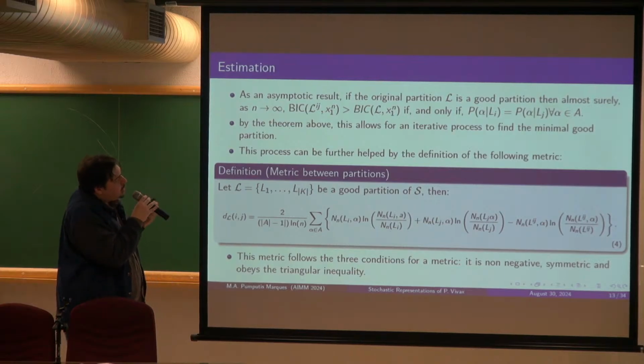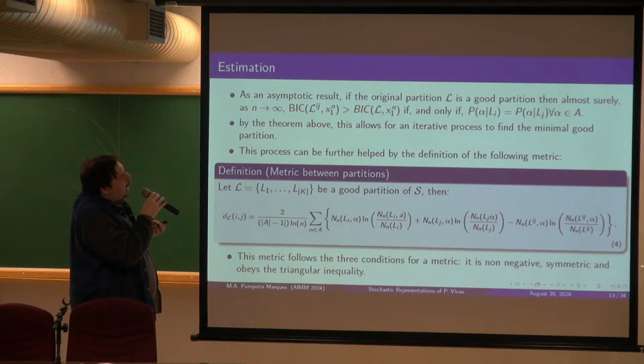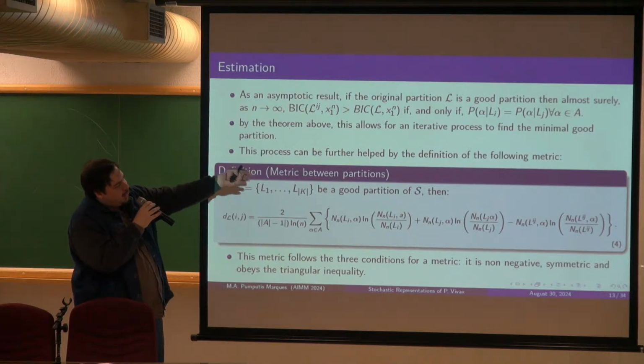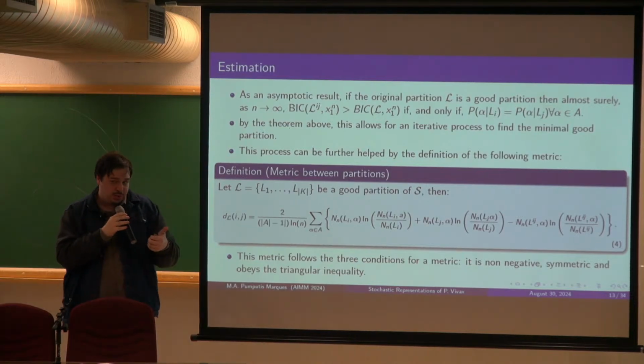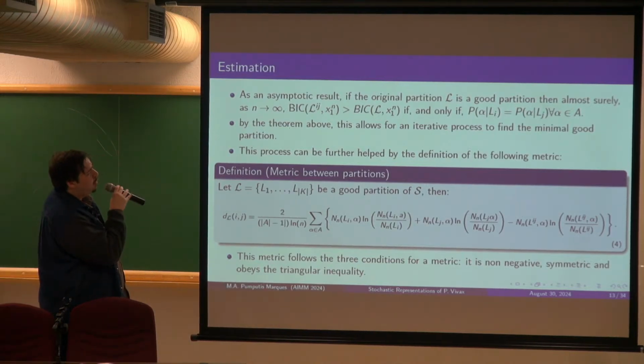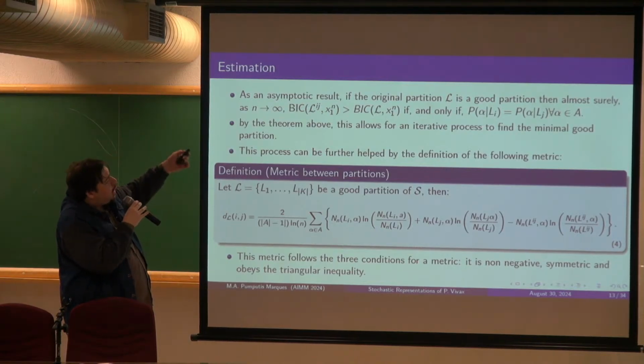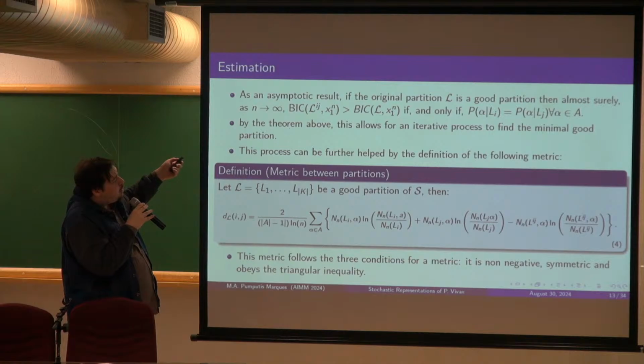And as an asymptotic result, if the original partition is good, then the BIC of the new partition will be better than the BIC of the old partition if and only if the probabilities are the same. That is, they were equivalent, right? So we join things that we really should join because they had the same transition probabilities. And so this idea here allows us to find the partitions in an iterative process, right?